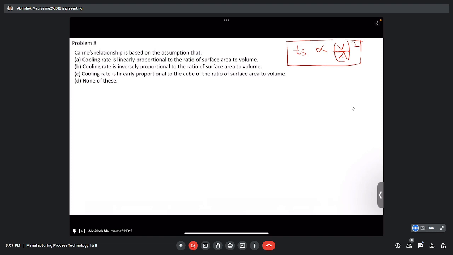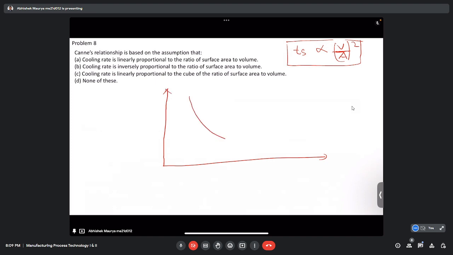But in the Keynes relationship, an assumption has been taken and a curve has been plotted in order to find out whether the casting is sound or not.